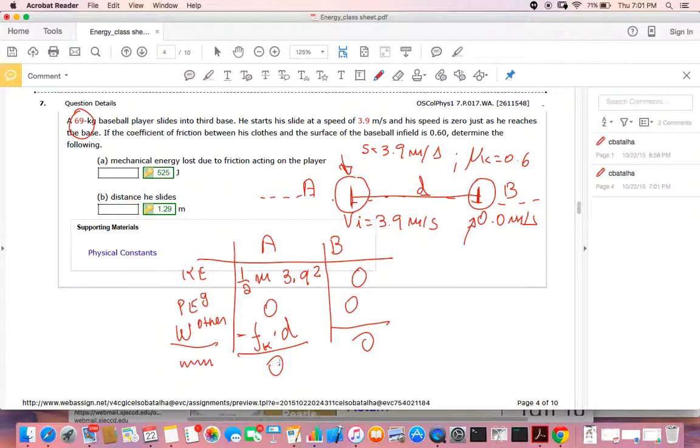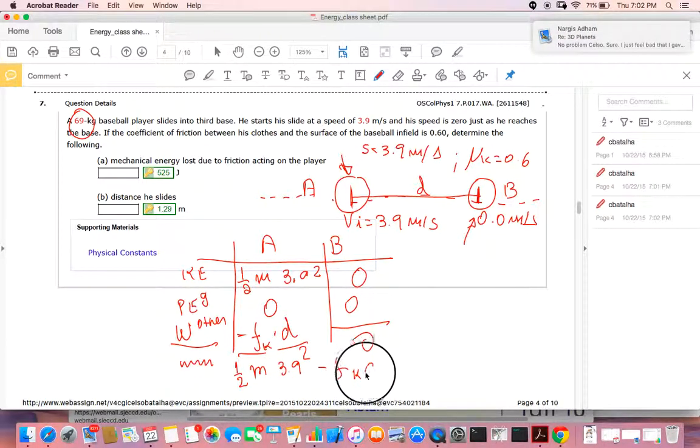So when you add those, oh, I'm sorry, this is not correct. It's not zero. There you go. So when you add these two terms, you get half m v squared minus F friction times d is equal to 0, right? Is equal to this part, which is 0. And then you can calculate the mechanical energy loss.